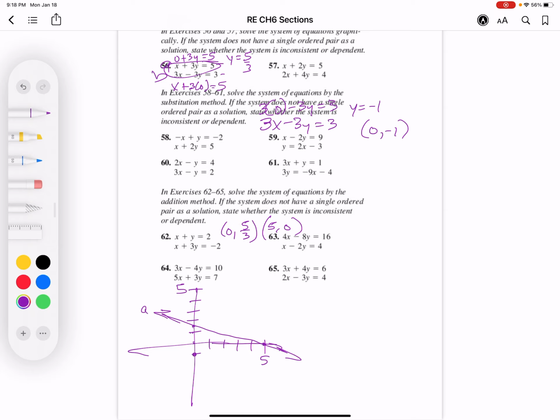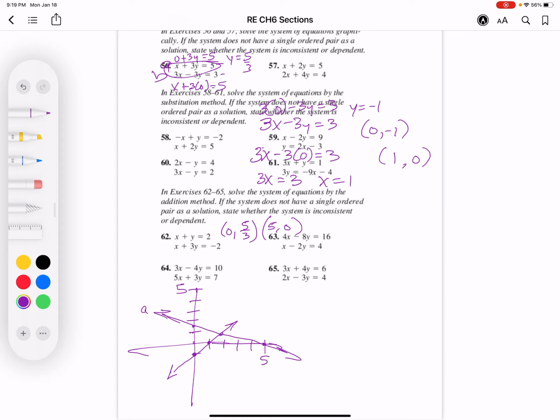So we're right there. And now we'll do 3x minus 3 times 0 equals 3. That's going to give us our x-intercept. So we've got 3x equals 3, or x equals 1. So we're going to go here, and then we're going to draw our graph right here.